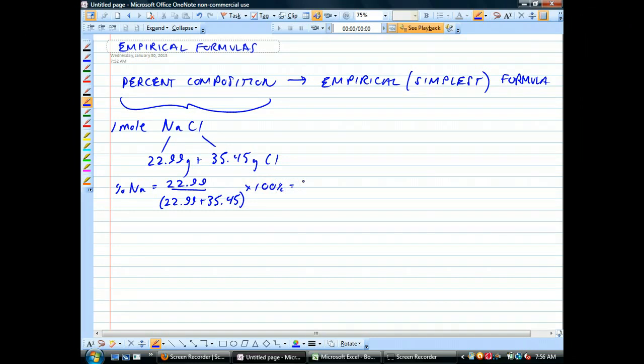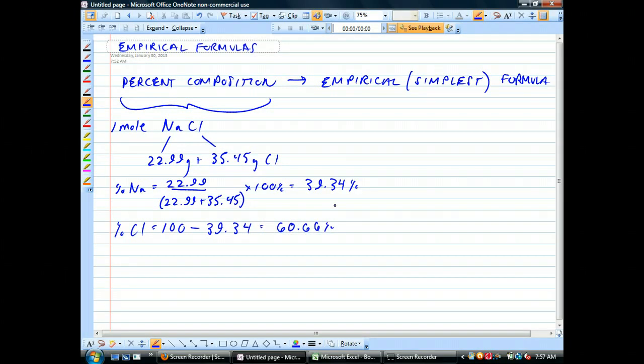That's 22.99 divided by the sum of 22.99 and 35.45. This is 39.34%. And in this case, we can get the percent chlorine just by difference. We know that the total is 100. They both add up to 100%. So we'll just take 100 and subtract 39.34, and we get 60.66%.